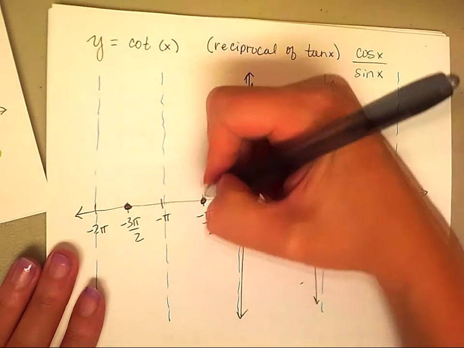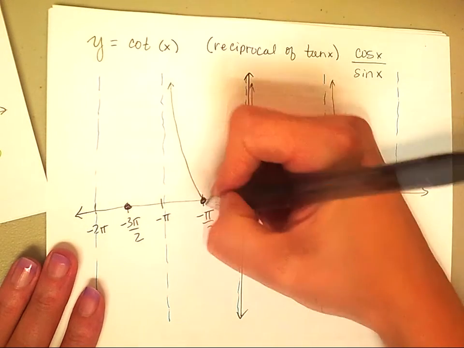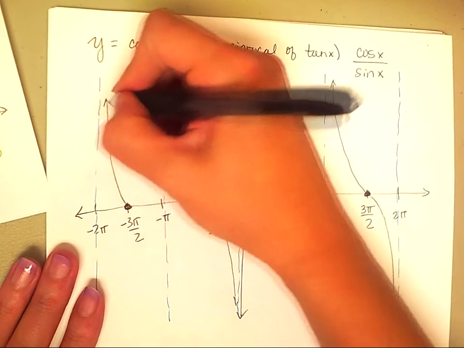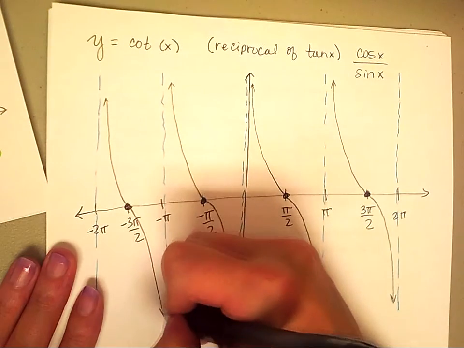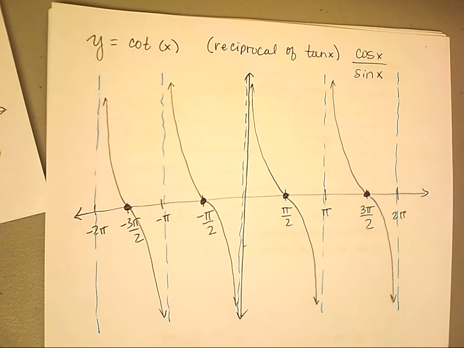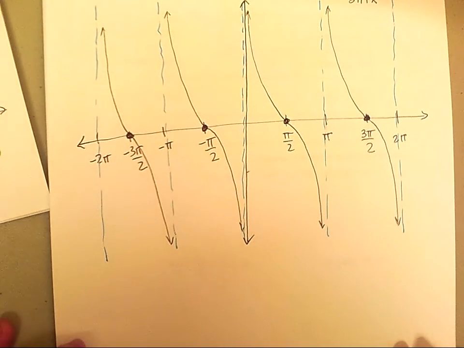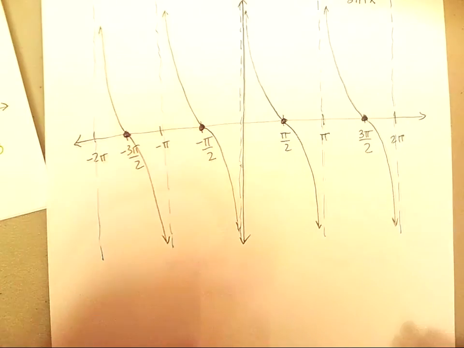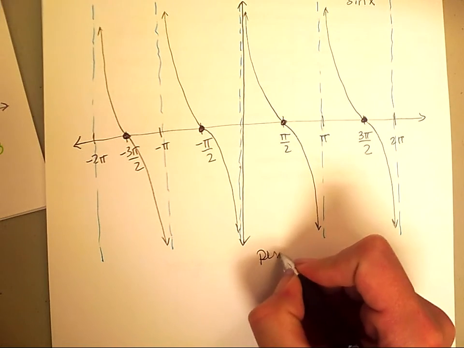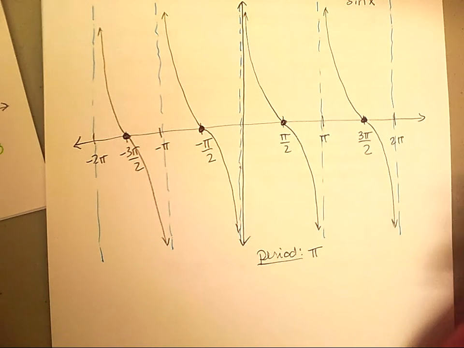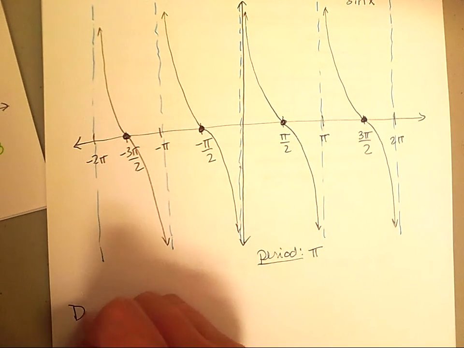And you can verify this by plotting the angle points. Okay, so this is cotangent, and we've actually done 4 cycles of it. Its period is just like tangent.